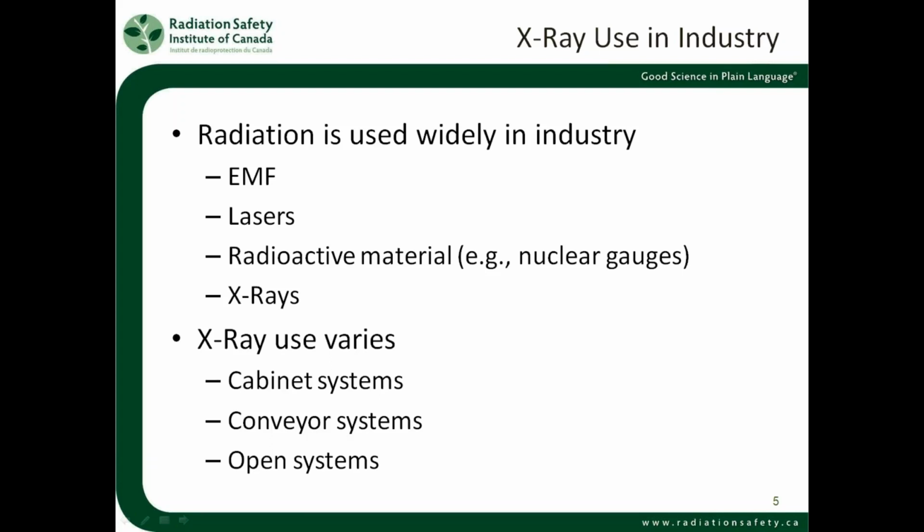We have the potential for cabinet systems, conveyor systems, and open systems. Depending on the type of X-ray equipment being used, the requirements in an X-ray safety program can vary. Cabinet systems, which have built-in shielding, will require fewer safety protocols and procedures than an open system, where you no longer have the cabinet providing shielding to you.